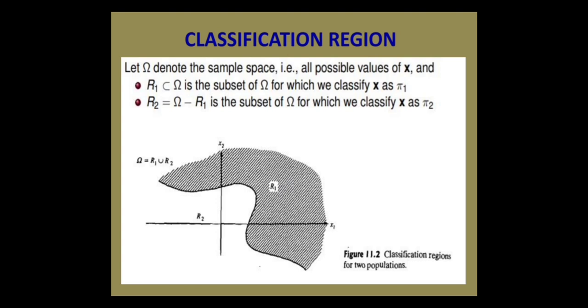The region R1 is here, and the region R2, which is omega minus region R1, will be the subset of omega which we classify as population 2.